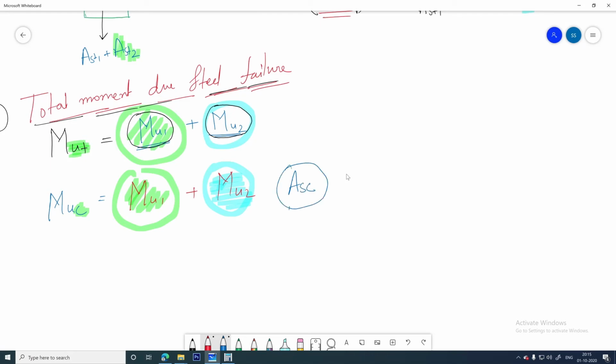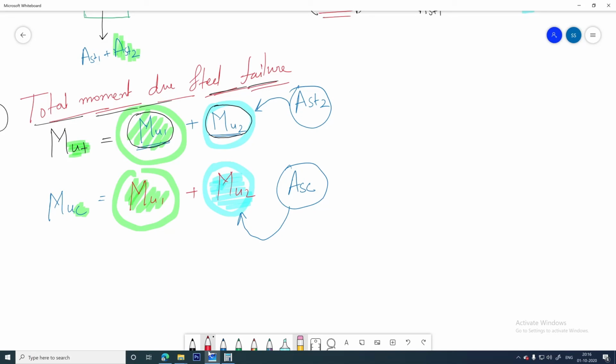For this ASC you will get Mu2, and for AST2 you will get the Mu2. That is the only difference in the determination of this Mu2. Okay, you can change the nomenclature because it looks the same. And yes, this thing we need to determine the ASC. Okay, ASC is already given. Sorry, the FSC needs to be determined.